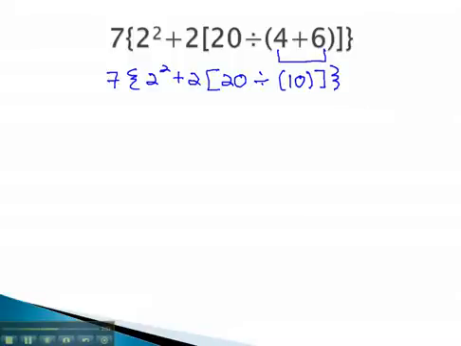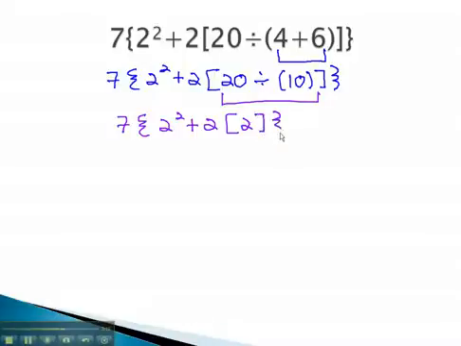For our next step, we will again look at the innermost parentheses, the division in the square parentheses. We will do that next. So we have 7 times 2 squared plus 2 times 20 divided by 10, which is 2. And that completes the square parentheses.